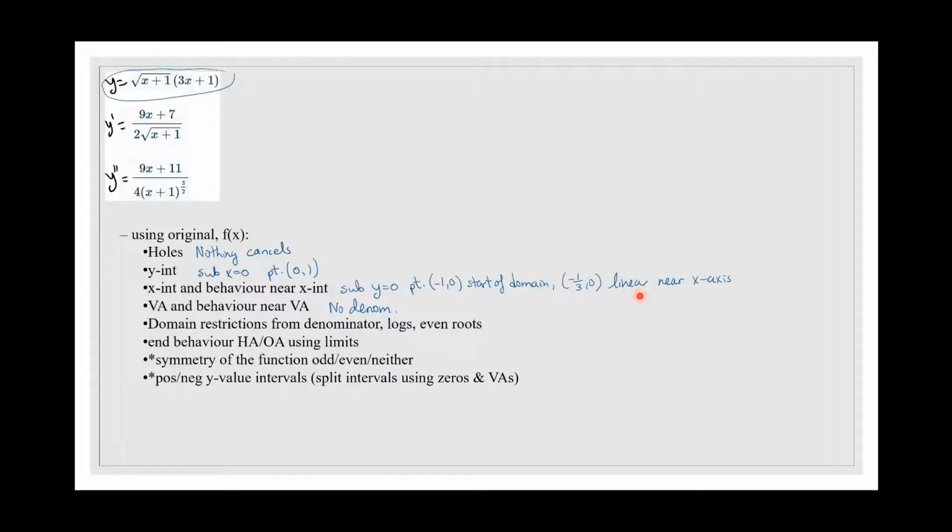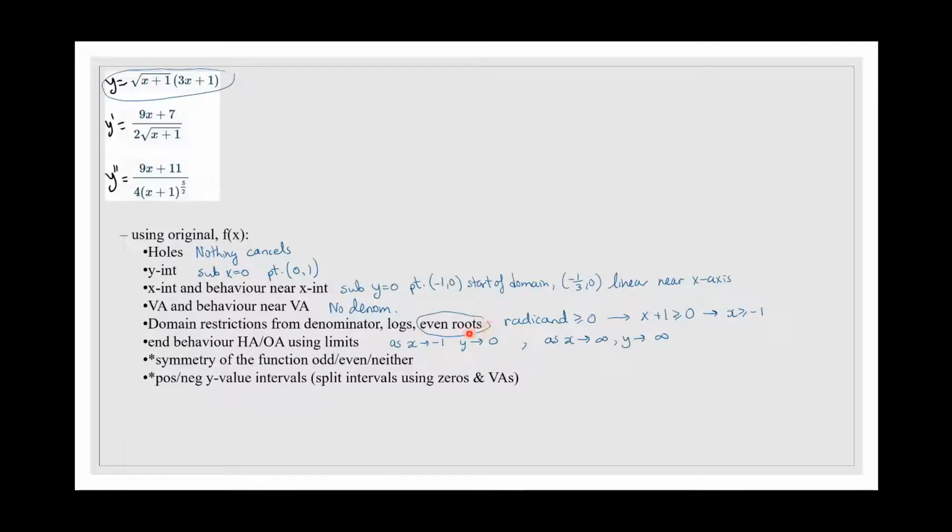Now, in terms of behavior, it is going to be linear near the x-axis at this point, because this factor has an exponent of 1. And this particular one is the start of the domain, because we have a square root. We cannot put negative values into that input of the square root.